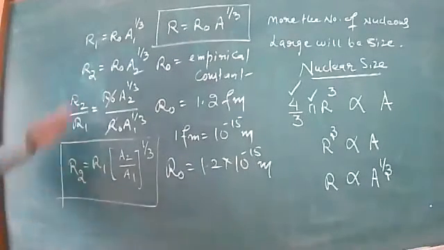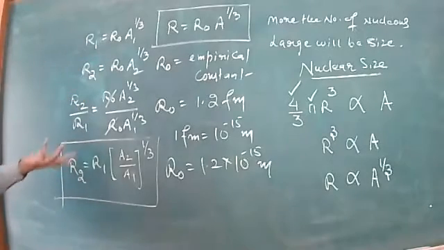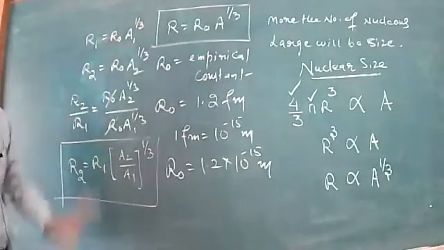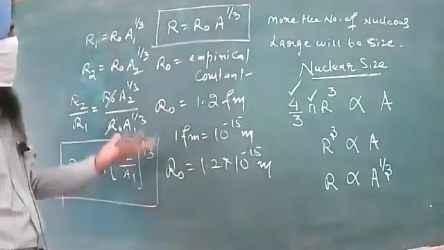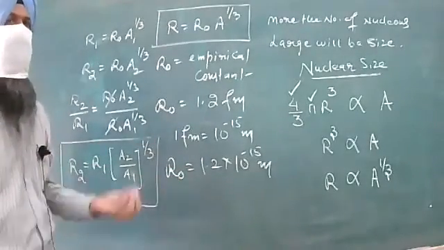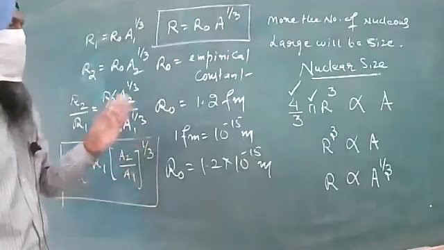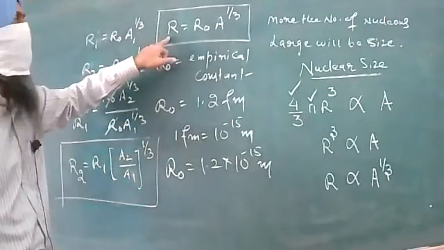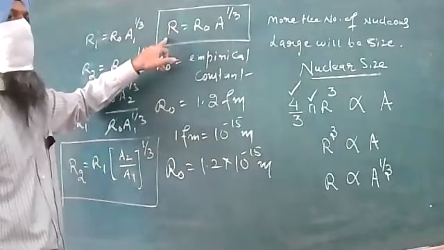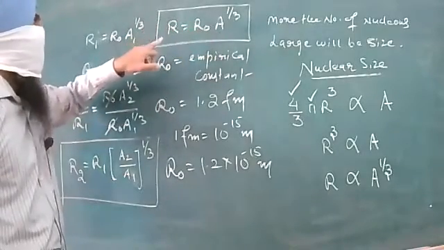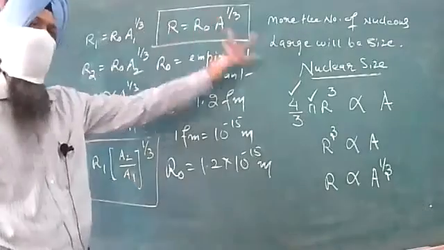I don't say that you remember this. If you have this relationship in mind, you can just substitute the values and get it calculated. Just divide one by the other. At the same time, every time the examiner will not say that you have to calculate R. He can say that R for the first is given, A is given, for the second R is given and A is required.